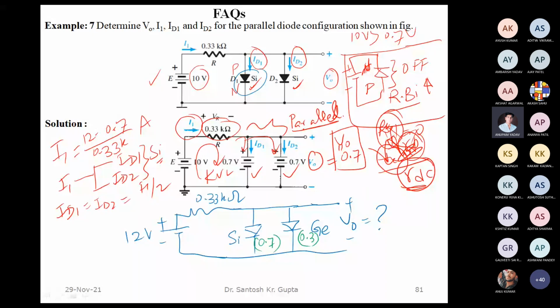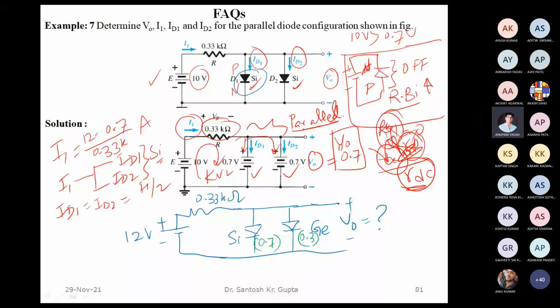Any other answers from anyone? There are two values, so one can go with 0.3 also, I think. Sir, I think I'm wrong, 0.3 will be there because that will start first. That's what I wanted, to put someone in favor of this also.